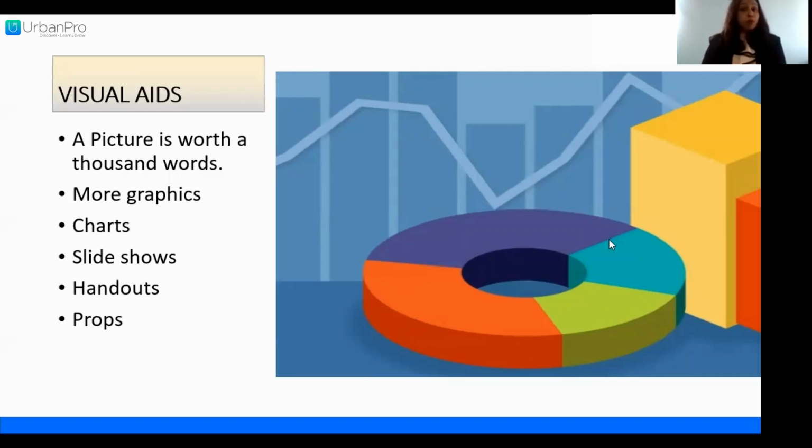And props also have very big importance, and they make your speech and presentation very interesting. So if you're telling about some clown, you can be dressed like that.